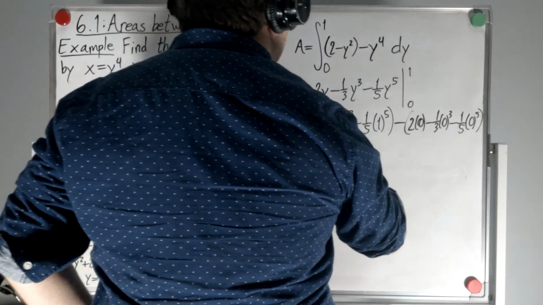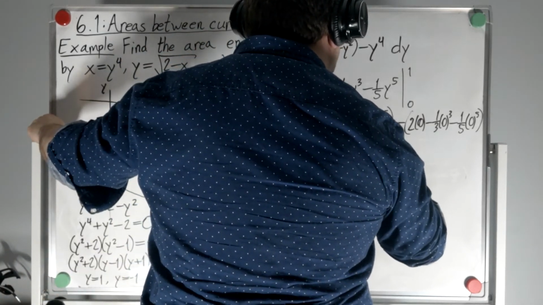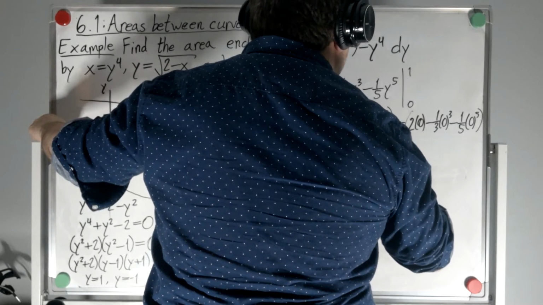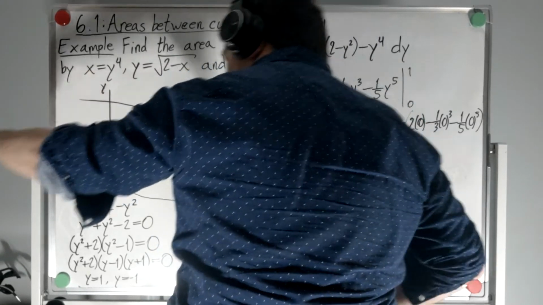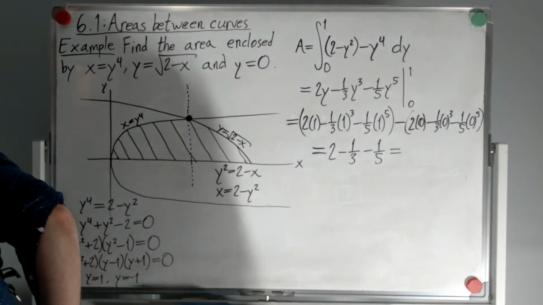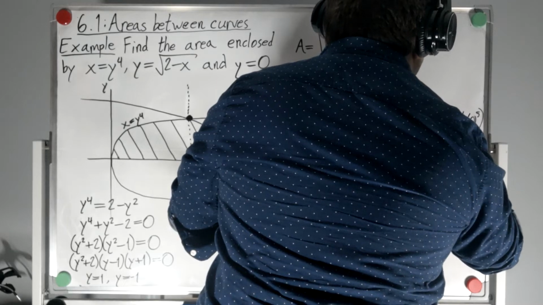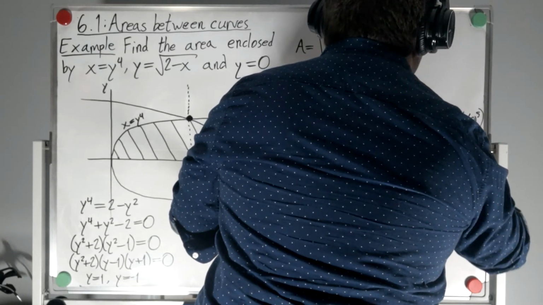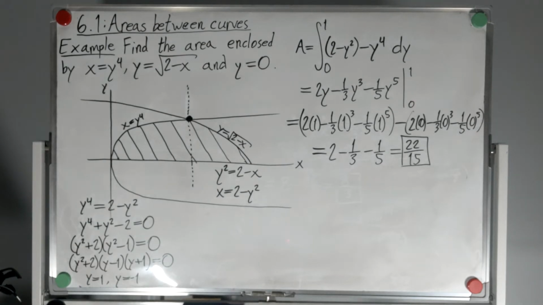So, how we choose to write this is unimportant. The fact is, this is a number, which can be represented as 2 minus 1/3 minus 1/5. And let's see, according to my notes, that is just 22/15. Again, how we choose to write this number is unimportant, but the fact that we get this number is all that's important.